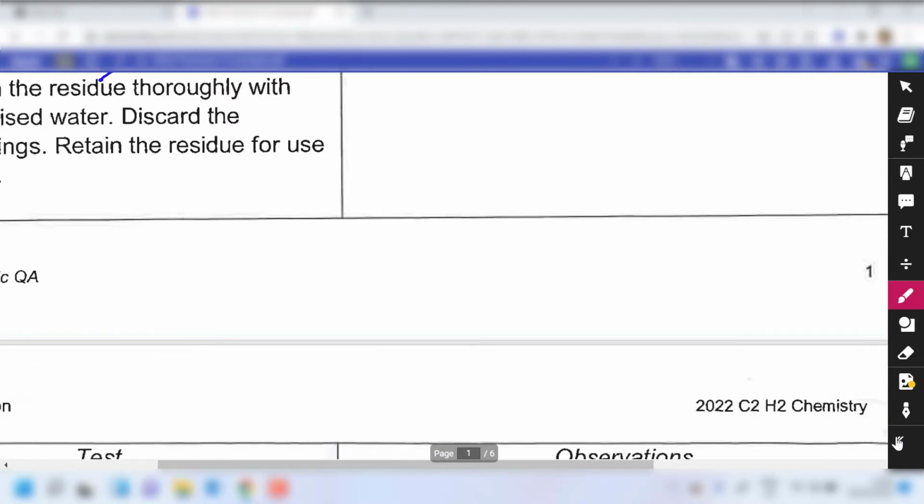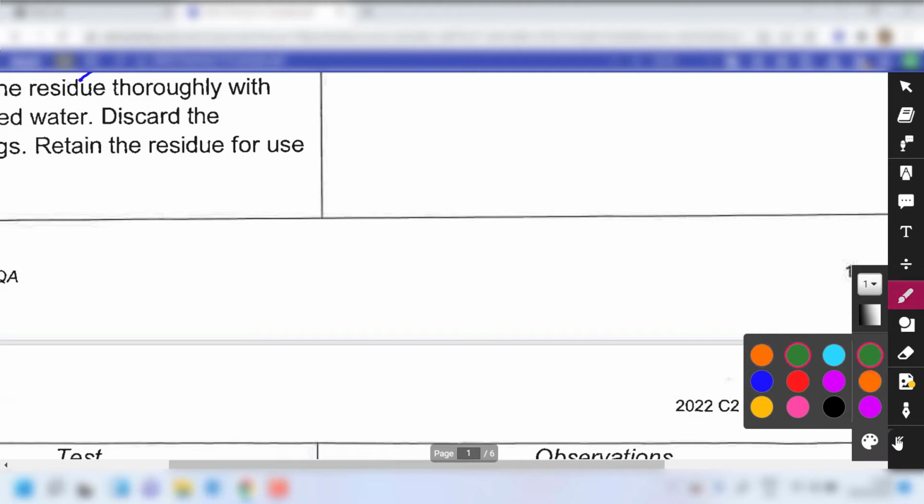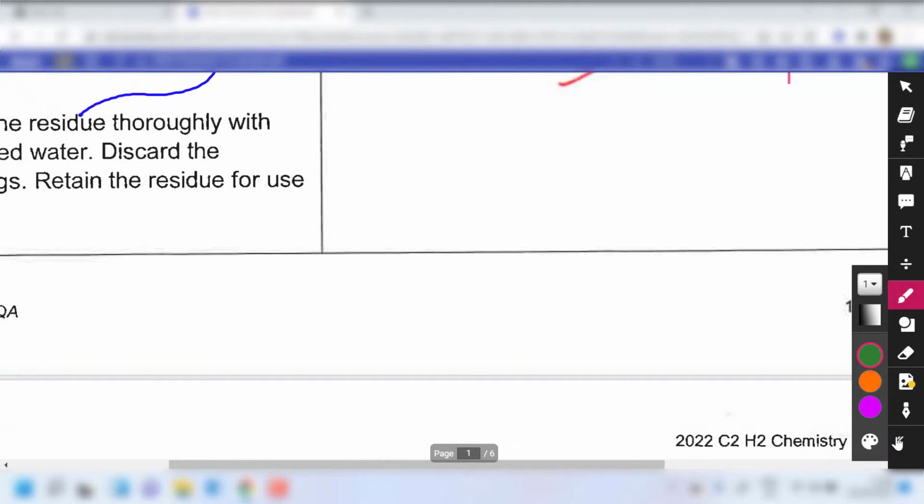Okay, so what exactly is happening is that, first of all, iron 3 plus has 6 water ligands attached to the iron 3 center.